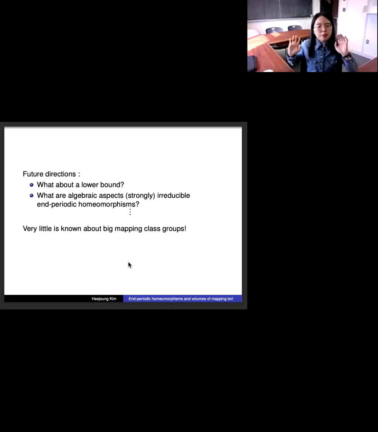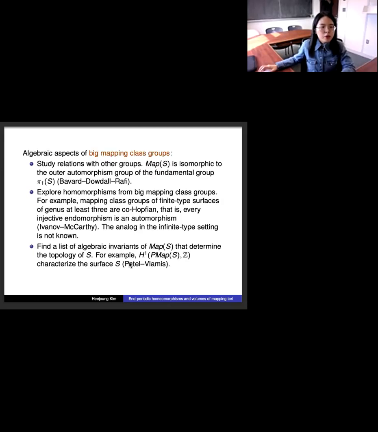Big mapping class groups are relatively new, so very little is known. My result is a very topological and geometric result, but personally I'm interested in group theoretic aspects of big mapping class groups. So let me say more about that.